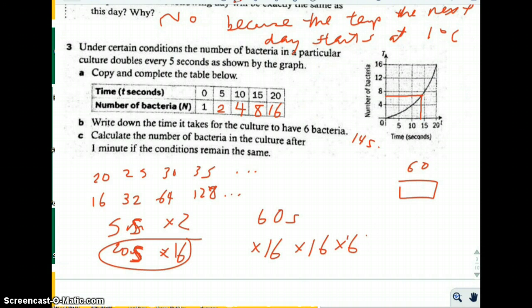Because 20 seconds goes into 60 seconds three times. And so what is 16 times 16 times 16? It turns out to be, I think, 4,096. Okay? So that would be a little bit more clever. But you could also do times 2, just like 20 times, right? And then you'll get the same answer. Okay, that's it for page 2.